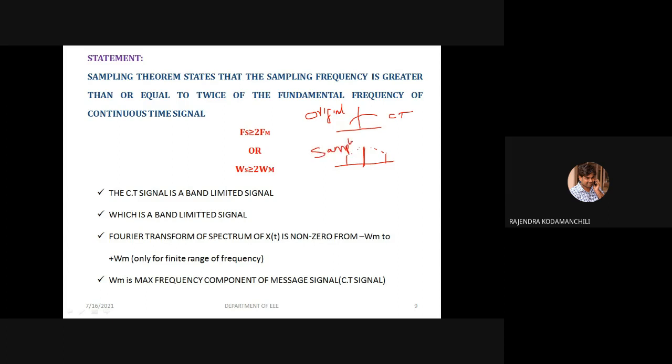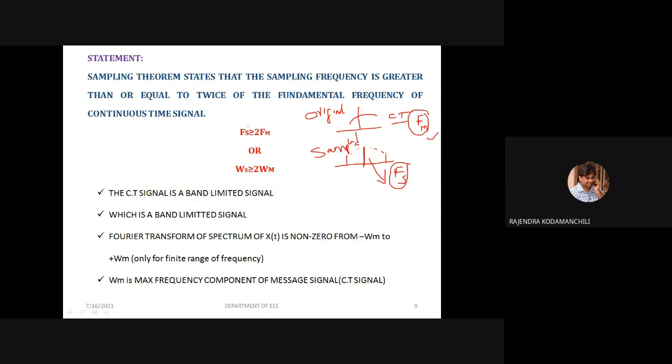In the continuous time signal, the frequency is called fm. This is the original signal or continuous time signal frequency. In the discrete signal, the frequency is called fs, the sampling frequency. So there are two frequencies: the original signal frequency is fm, the fundamental frequency, and the discrete signal frequency is fs.